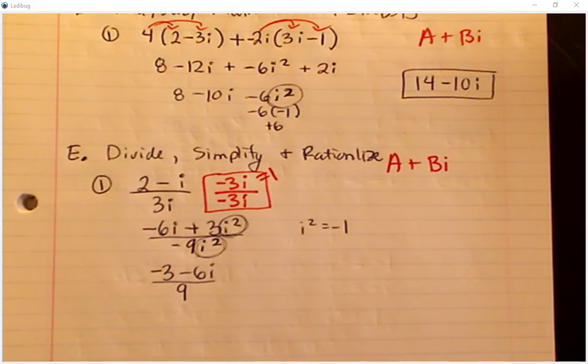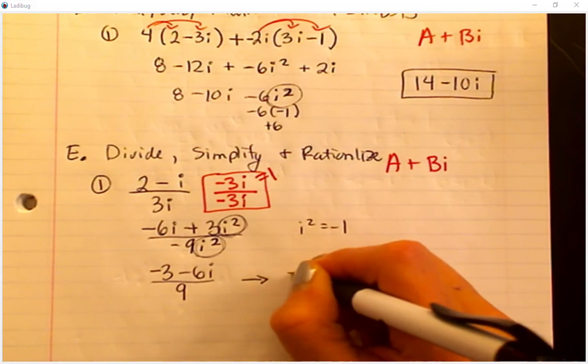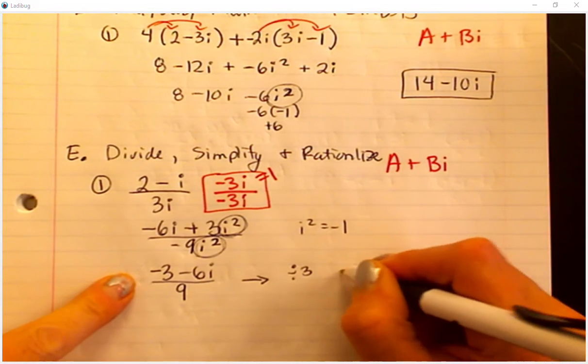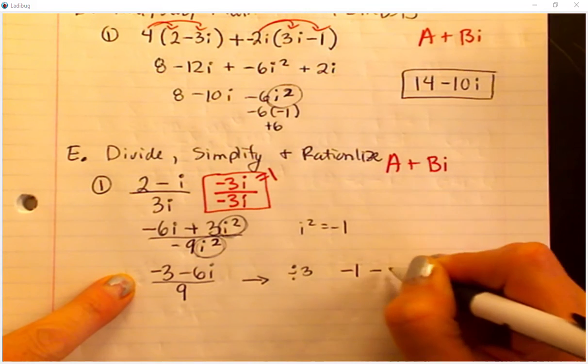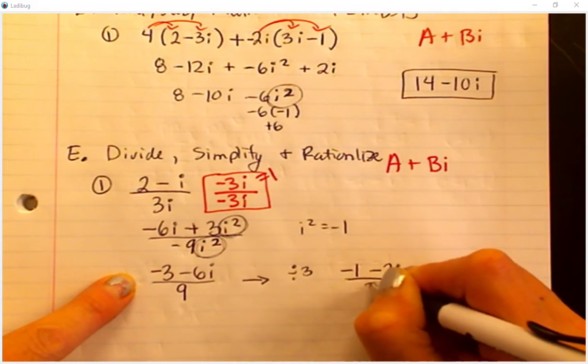And so in the denominator, I ended up with negative times negative, which is positive. I like positive denominators. And reduce. Do you notice how 3, 6, and 9 are all multiples of 3? Okay, so -1 minus 2i over 3.